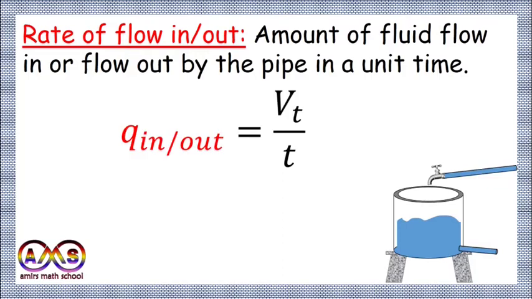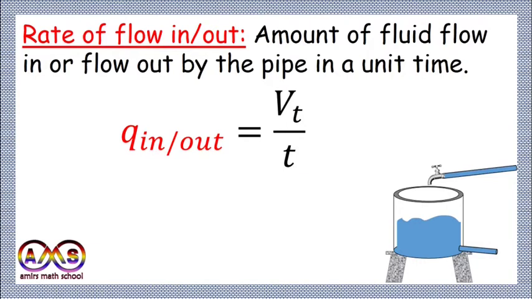So what will be the equation for rate of flow in or out? That is Q in or out. In case of Q in, that is called rate of flow in, and for Q out, which is called rate of flow out. So Q in or Q out is equal to Vt divided by T. Here, this Vt is the amount of fluid in time t.